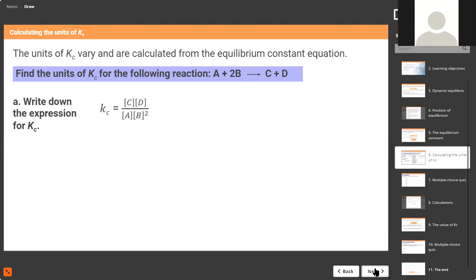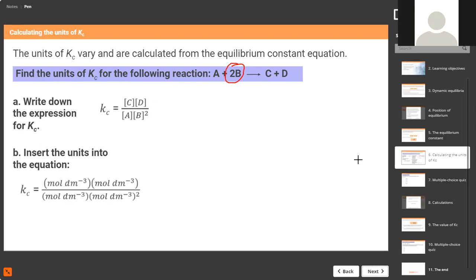Kc equals, and this time we know we've got 2 lots of B. So we put our products at the top: CD divided by A times B to the power of 2, because we've got 2 lots of B here.